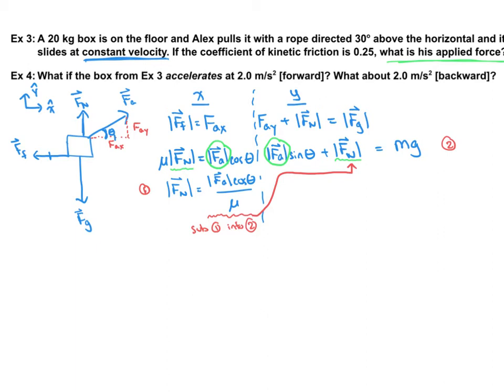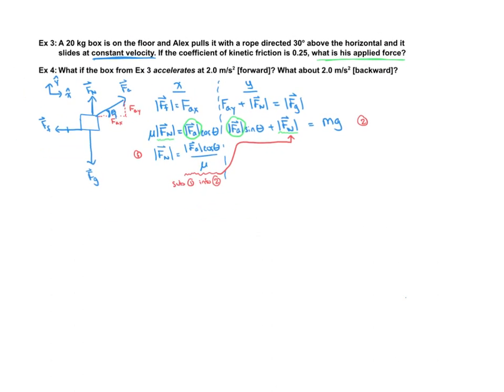Okay, so I'm going to switch to black now. This is going to become, I'm going to require a lot of room here. So it's Fa sine theta, that's the first term, stays the same, plus, this normal force term I'm going to change to the expression I've labeled as number 1.